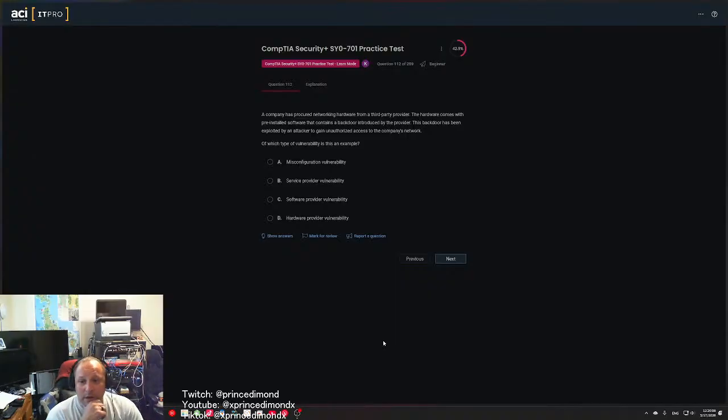All right, let's see here. So a company procured networking hardware from a third-party provider. So it's not the vendor that gave them the hardware. It's a third party that has given them the hardware. So the hardware comes with pre-installed software that contains a backdoor introduced by the provider. So you have the networking equipment.